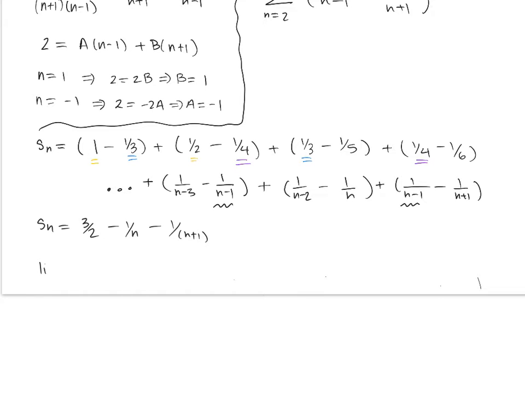Take the limit, the limit as n goes to infinity of Sn. What's that limit going to equal? 3/2. So your series converges to 3 over 2.